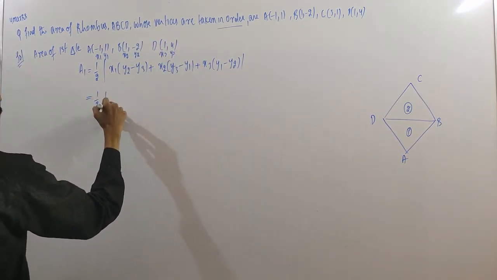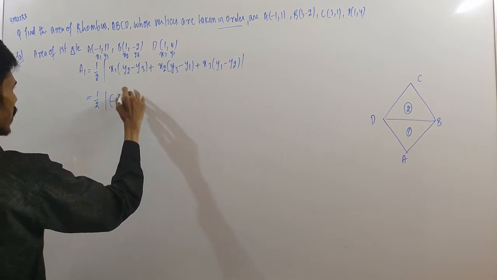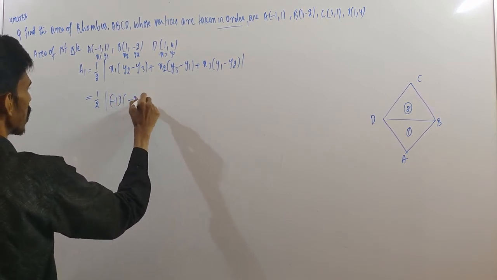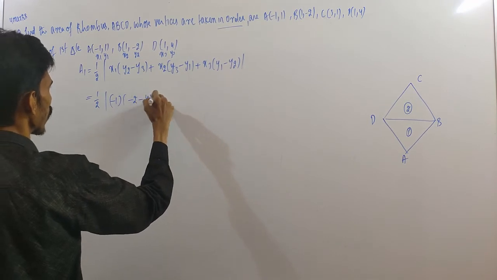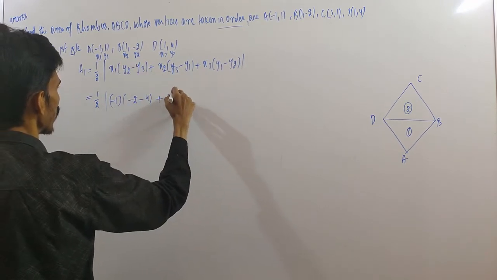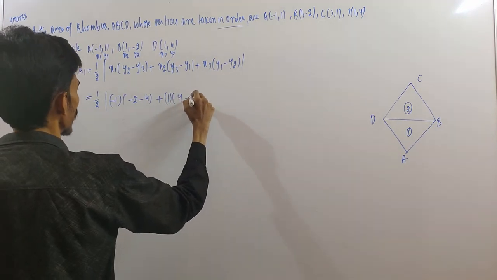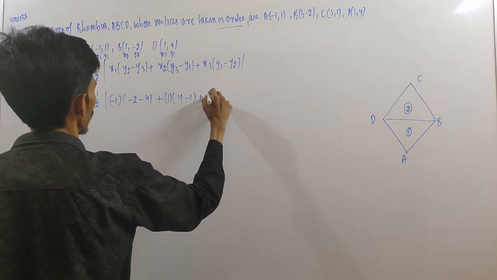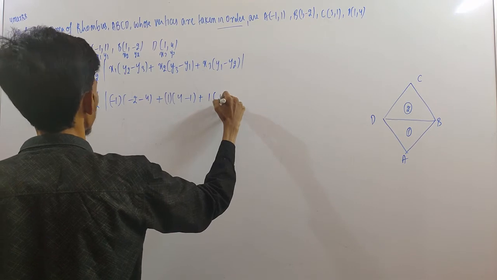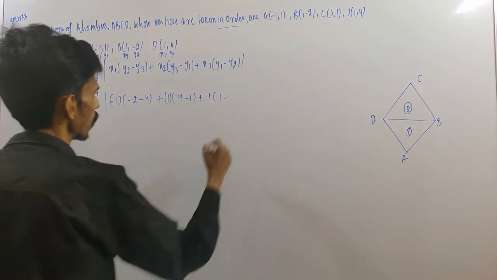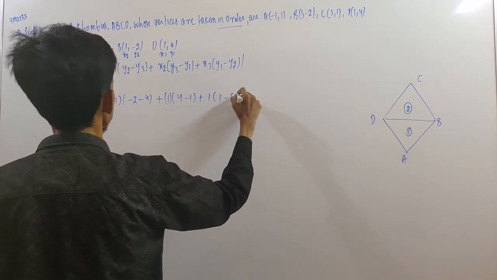We have 1 by 2 into x1 value is -1 into y2 value is -2 minus y3 value is 4, plus x2 value is 1 into y3 value is 4 minus y1 is 1, plus x3 value 1 into y1 value 1 minus y2 value of minus 2.